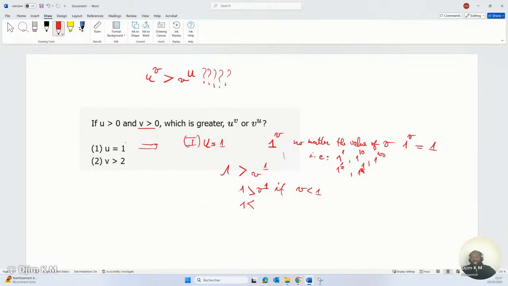But 1 will be less than v to the power 1 if v is greater than 1. Okay, so this is clearly not sufficient, because we don't know the exact value of v. So v can be less than 1 or more than 1, since the only condition that it needs to respect is that it needs to be greater than 0.